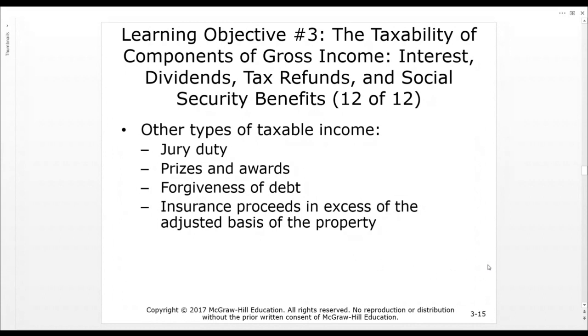Say if you bought a house for $500,000 and you had home improvements of $10,000, your adjusted basis on the home now is $510,000. That's adjusted basis.